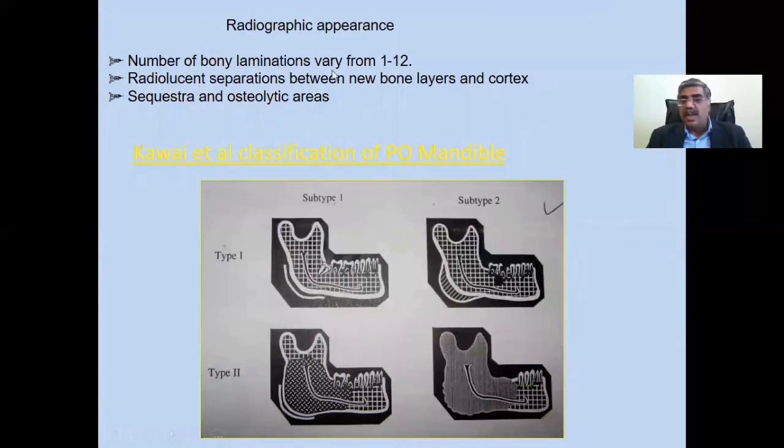Based on the radiographic appearance, this condition is classified as type 1 and type 2 by Wood et al., the classification of periostitis ossificans. The basic difference between type 1 and type 2 is the cortical outline.